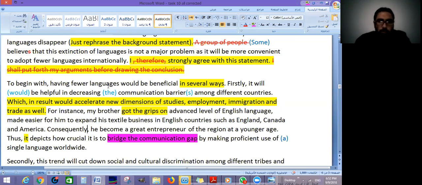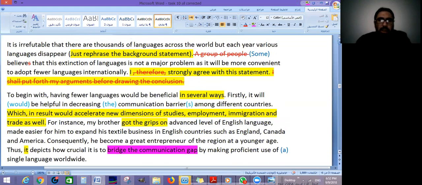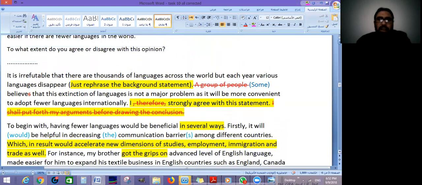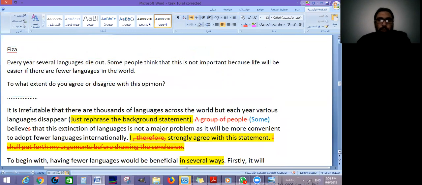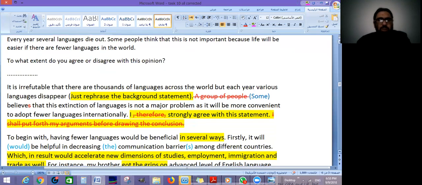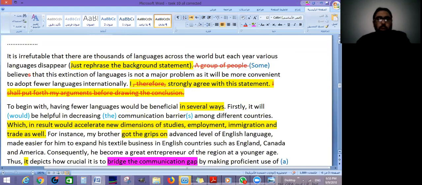Okay. Yeah, just one thing really to focus on is I don't think there was mention of having one language. So here we're talking about fewer languages, so I don't think it's really focused on having just one language.